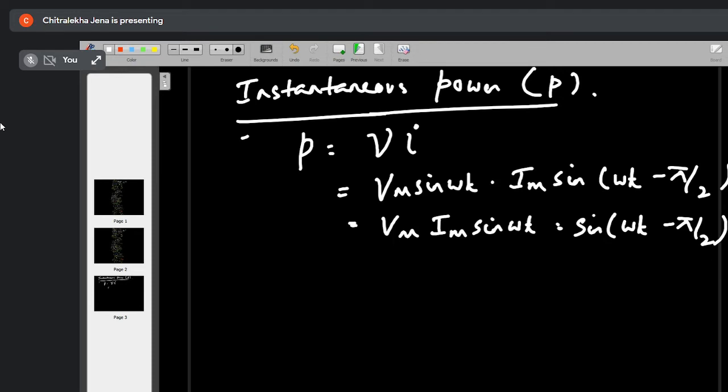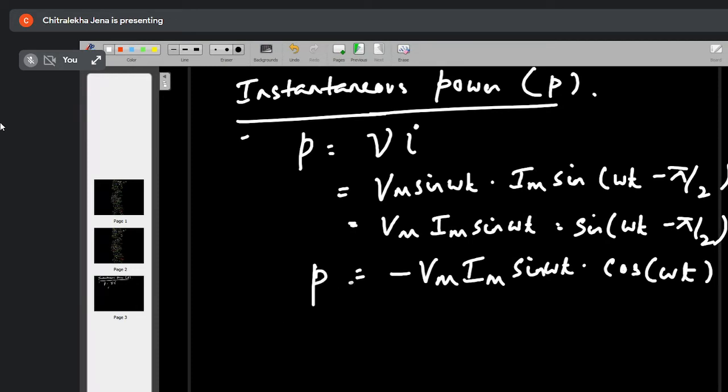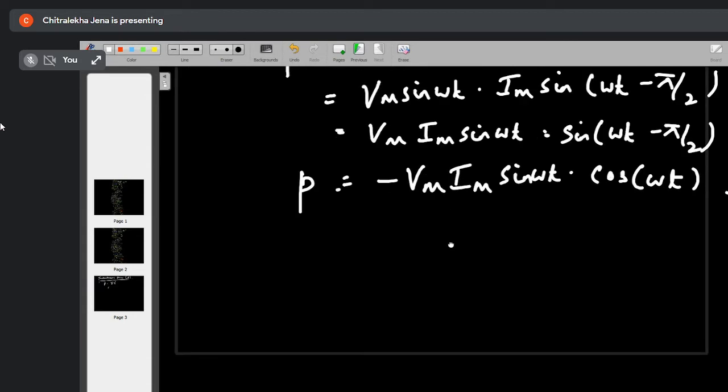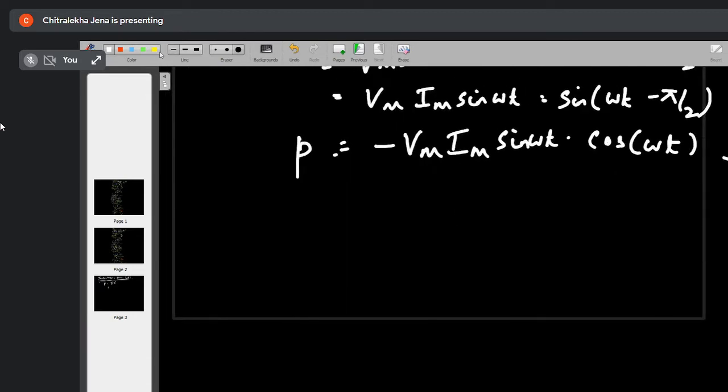Okay. So sin(omega t minus pi by 2) is equal to minus cos omega t. So p equals Vm Im sin omega t times minus cos omega t. This is the instantaneous power.